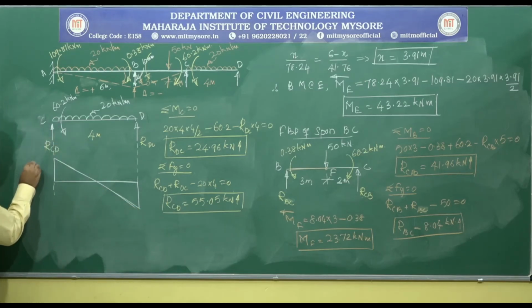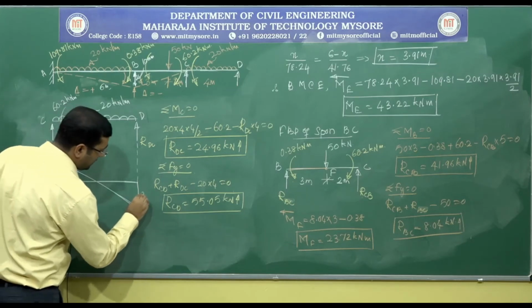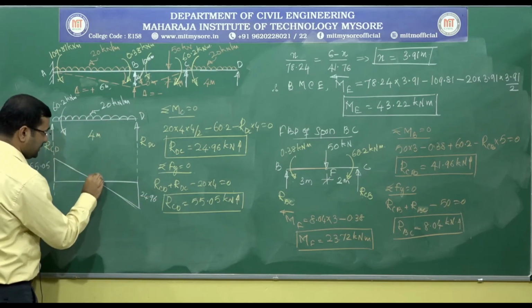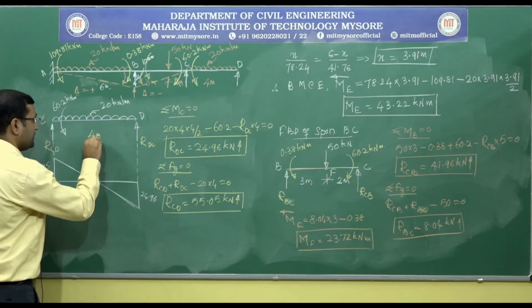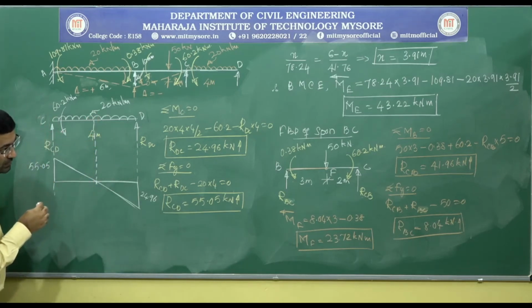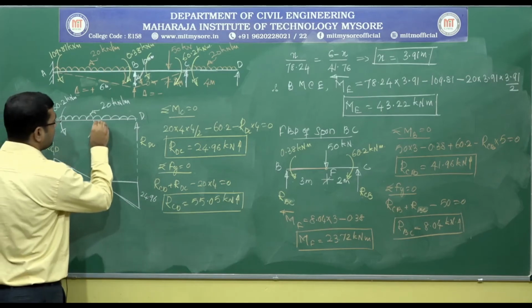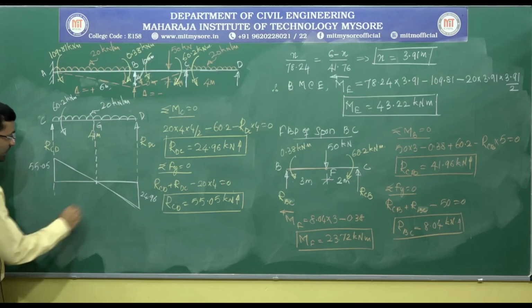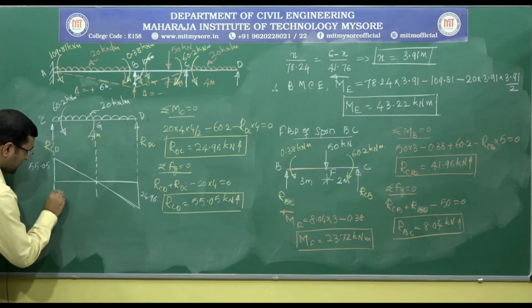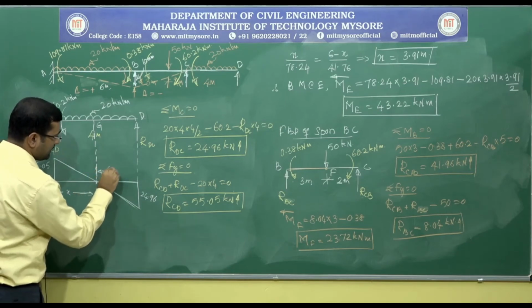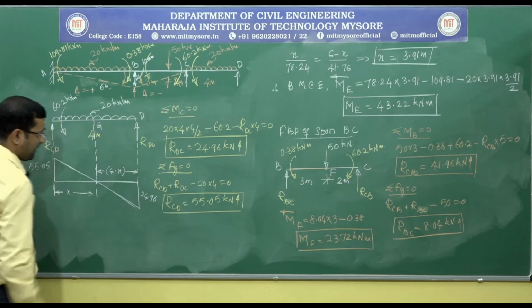So this value is 55.05 and this value is 24.96. Let us say this is a point where the shear force is 0. Let us call these A, B, C, D, E, F, G, and this point G. Let us say G is at a distance of x and this distance is 4 minus x.